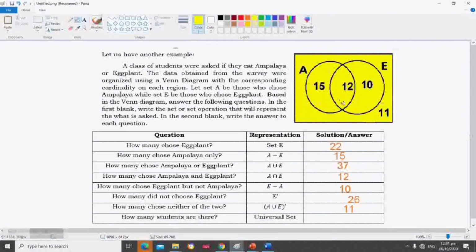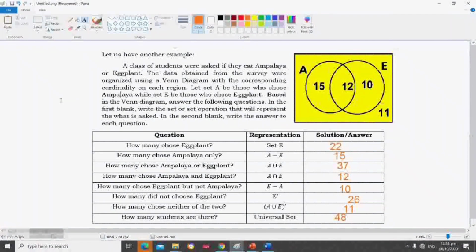Or we simply add all the cardinalities. So adding 15 plus 12, that is 27. Plus 10, that is 37. Plus 11, that is 48. Okay, so we are now done answering the question.